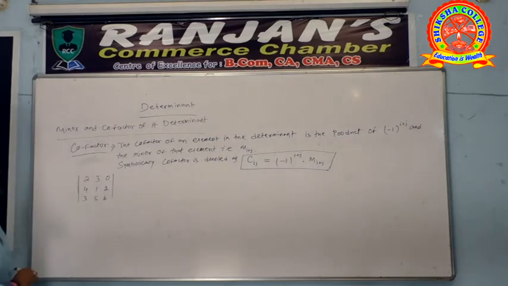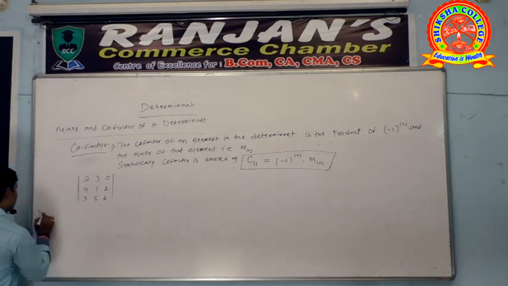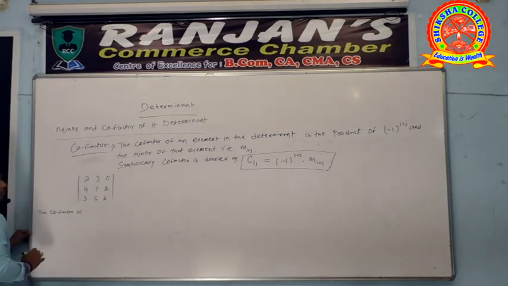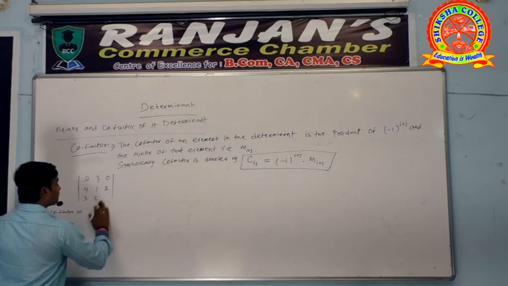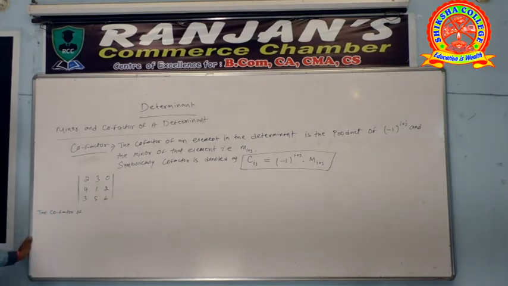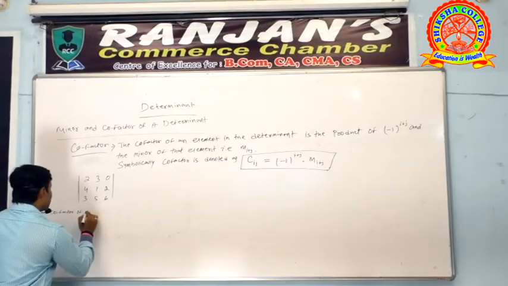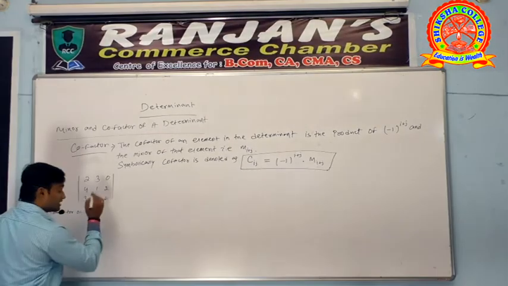Okay, clear students? So this is a third order determinant. Now we need to find the cofactor of the value 0. What is the position?